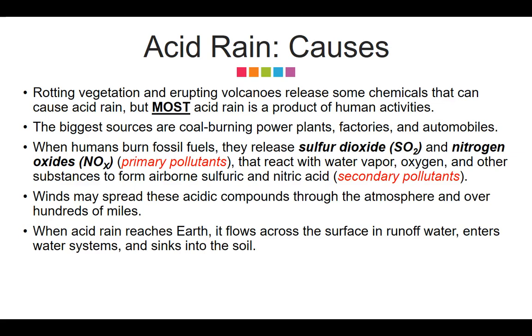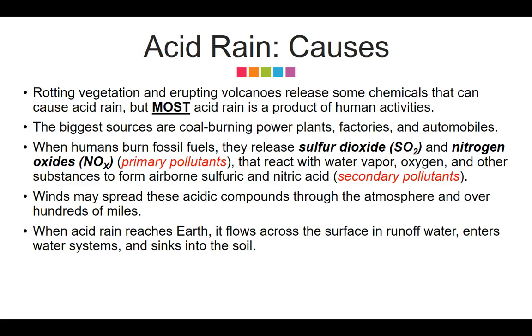Wind may spread these acidic compounds throughout the atmosphere and over hundreds of miles. So the damage that you do to the air here may cause pollution to fall in a nearby neighboring city or even in another country, especially when we look at smaller countries across Europe. When acid rain reaches Earth, it flows across the rivers and lakes and streams and enters our water system and sinks into the soil.